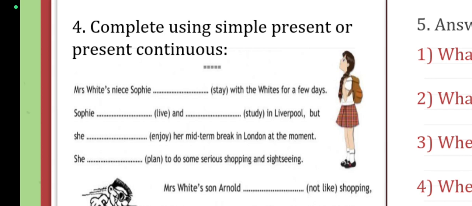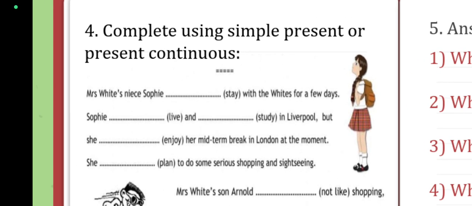Okay, let's take a look. Let's look at the context. Here we have Mrs. White's niece Sophie is staying. That's amazing. Really good job. Because with the Whites for a few days, this for a few days means that it is temporary. So it is correct using present continuous here, is staying.